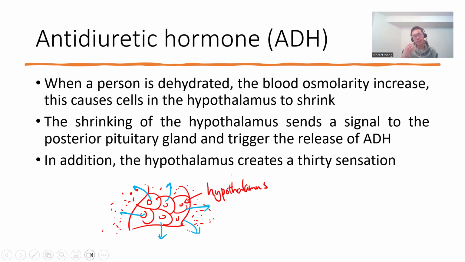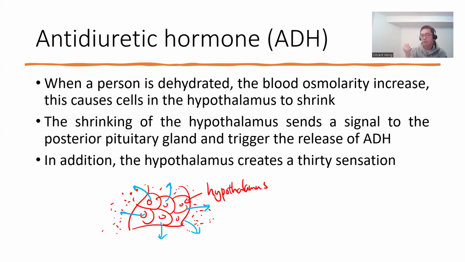When the cells of the hypothalamus shrink because of this water loss, that sends a signal throughout the brain that makes you feel thirsty. I feel dehydrated, I'm thirsty, I should drink. Drinking water is going to help; it's going to dilute your blood.